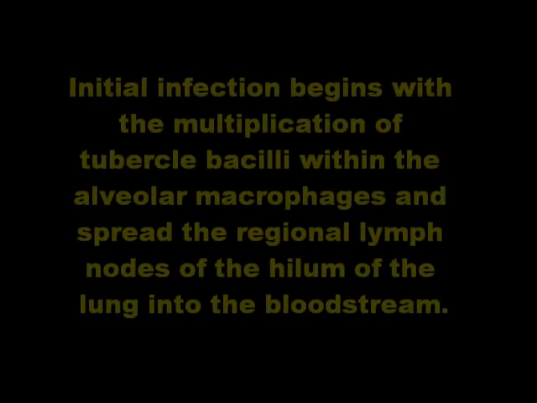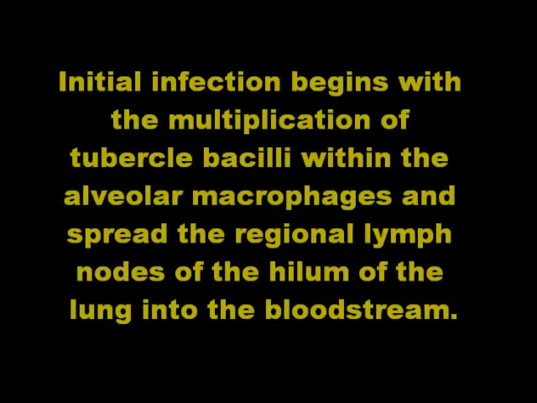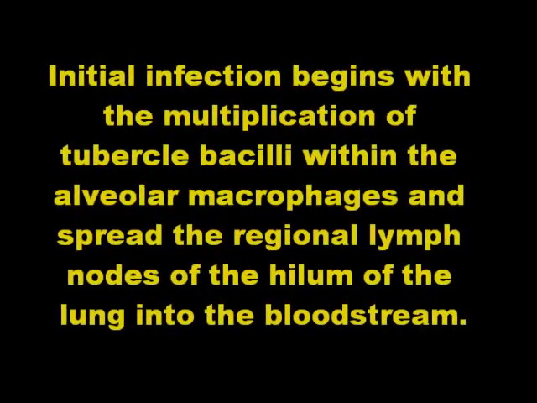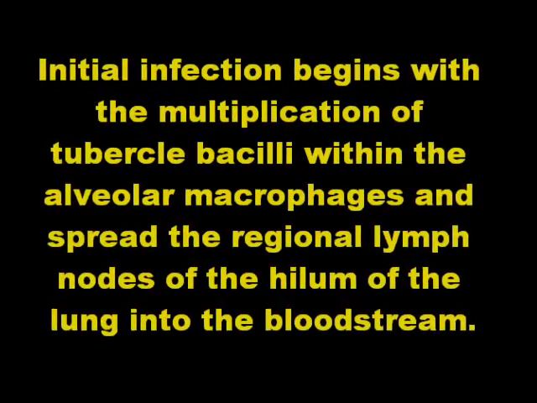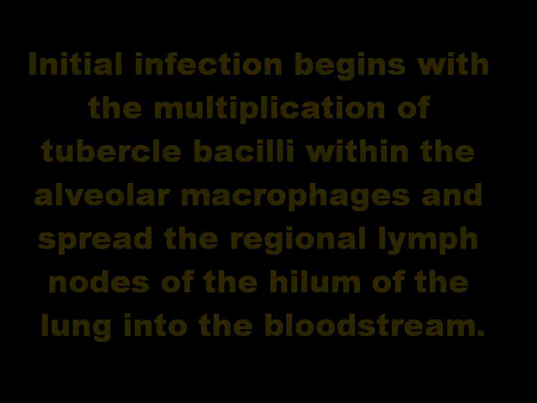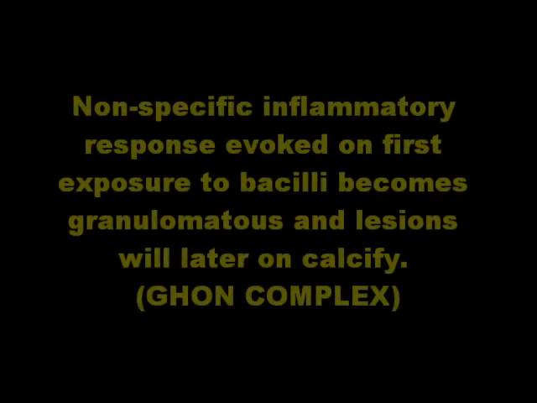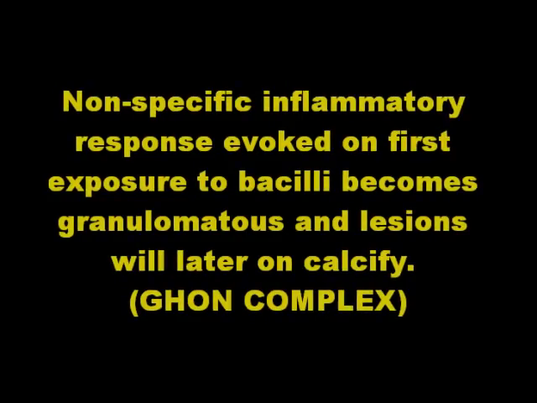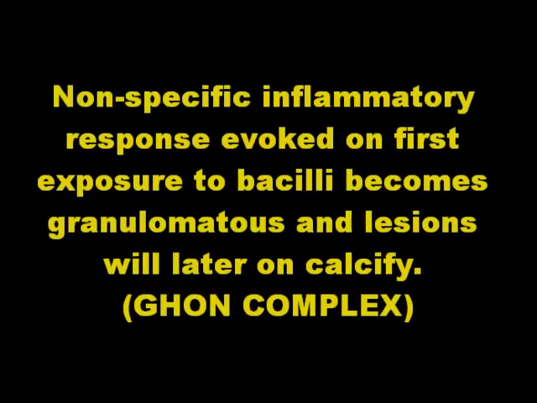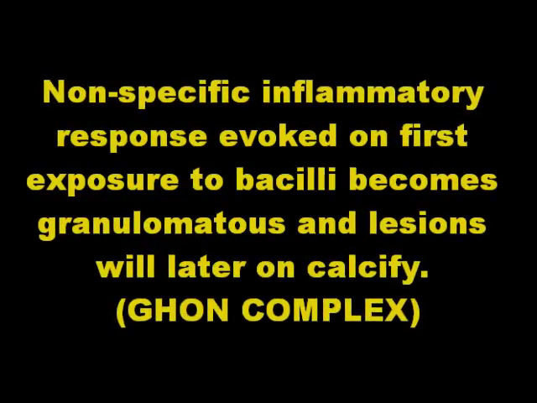Life cycle. Initial infection begins with the multiplication of tubercle bacilli within the alveolar macrophages and spreads to the regional lymph nodes of the hilum of the lung and into the bloodstream. The nonspecific inflammatory response evoked on first exposure to bacilli becomes granulomatous, and the lesions will later on calcify.